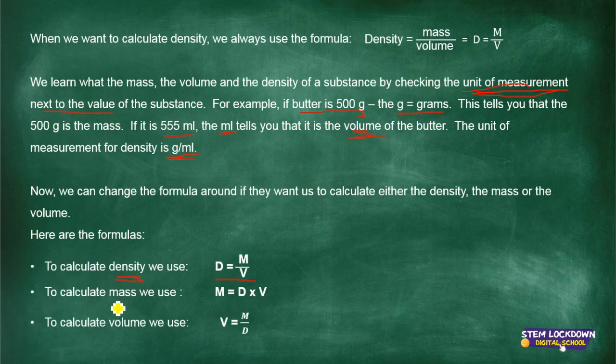If we're going to calculate mass, we use the formula M, which is mass, is equal to density times volume. So M is the mass, D is density, and V is the volume. And this multiplication sign means you multiply.